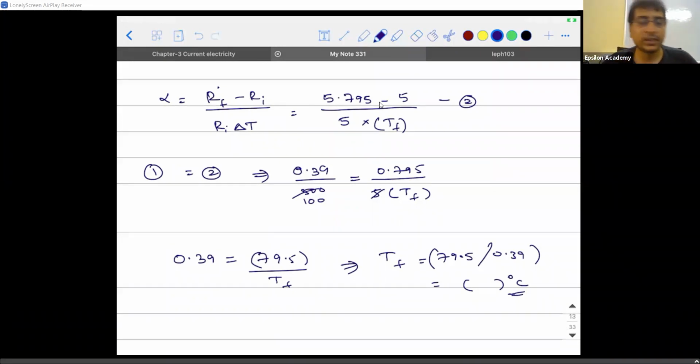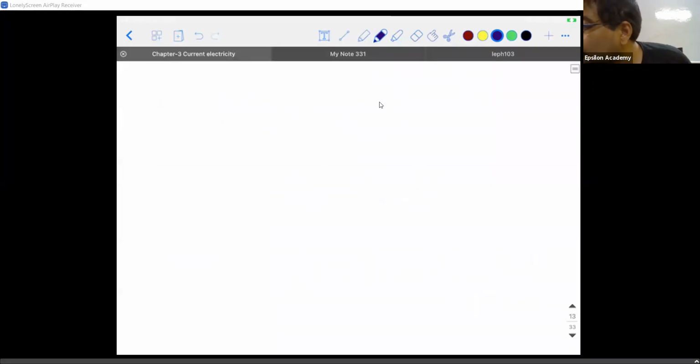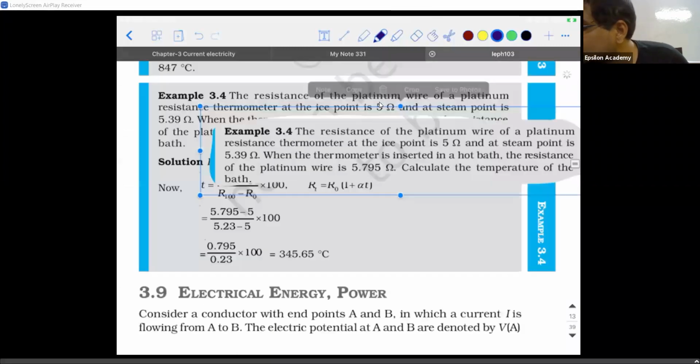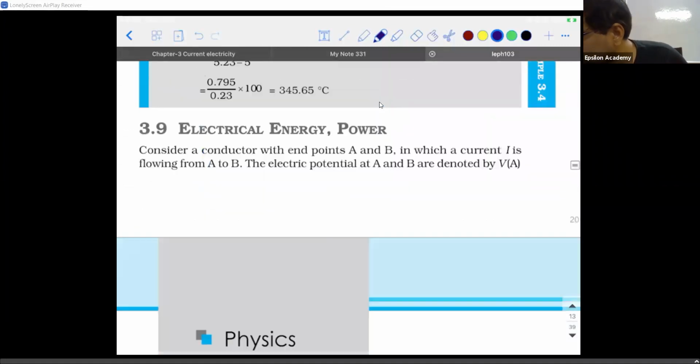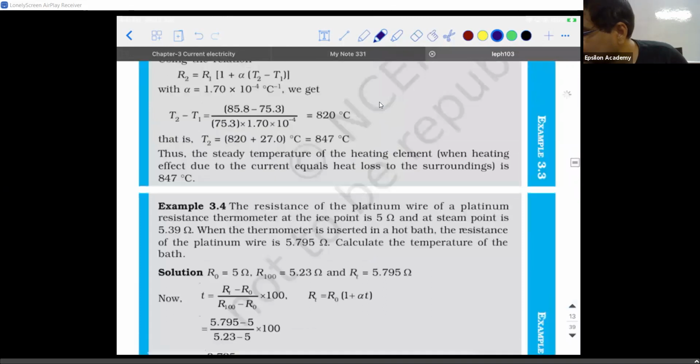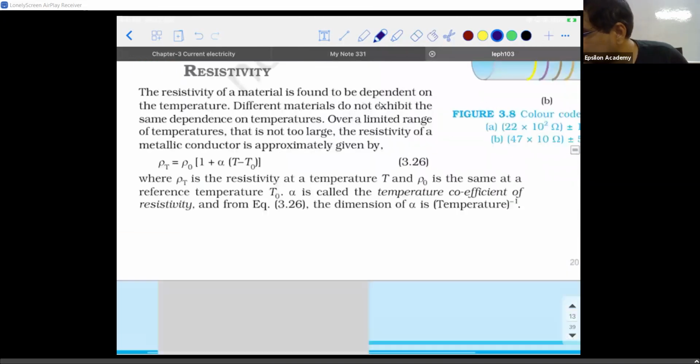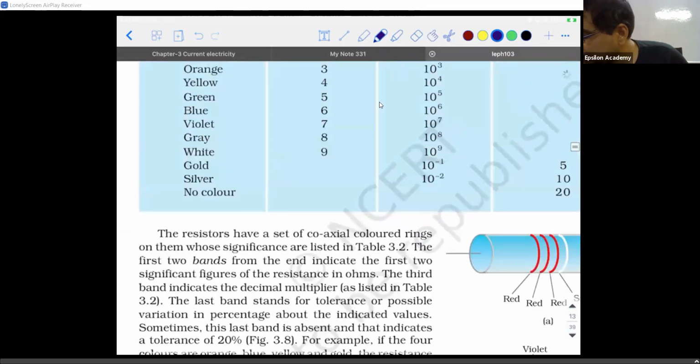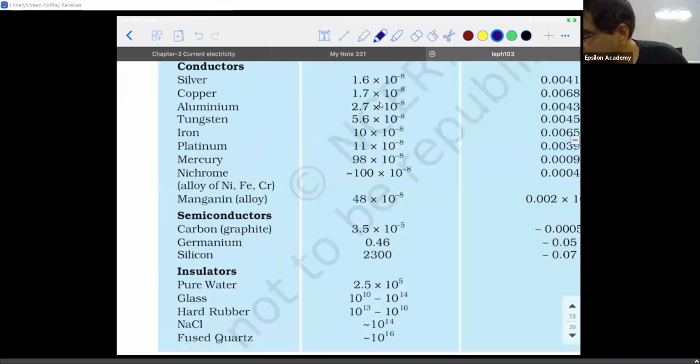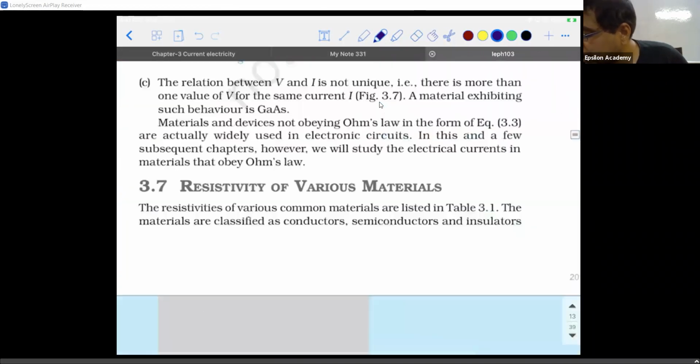So this is all about the temperature dependence of resistance and resistivity. Completed all these things.